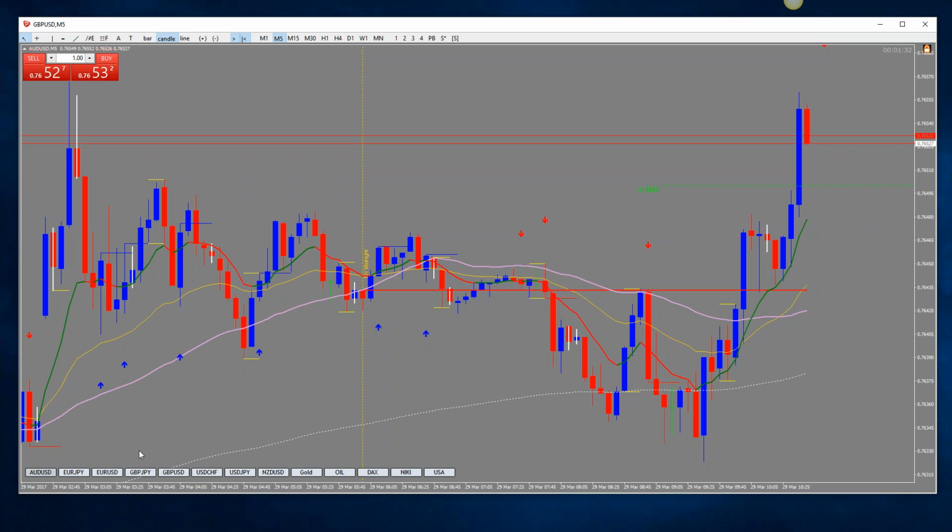Basically, it's just showing me direction of trend on this time frame, and momentum.